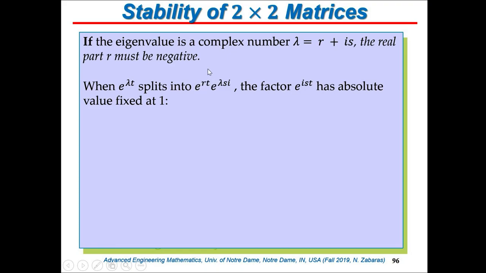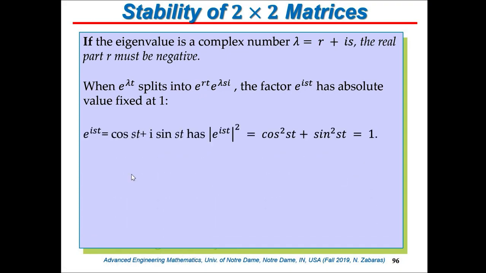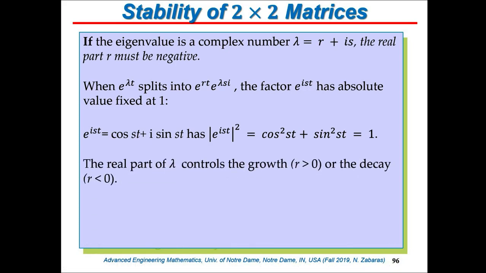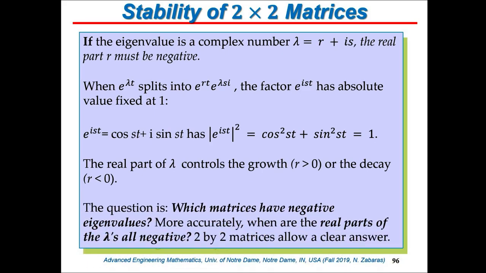So really the stability of this term depends on the real part of lambda, from the term e to the Rt. Because at the end of the day, the magnitude of this complex term e to the iSt remains constant, equal to 1.